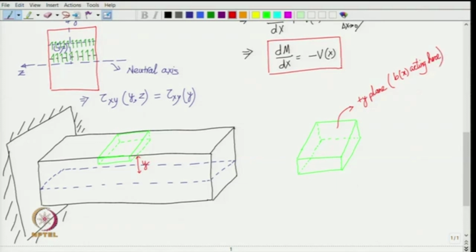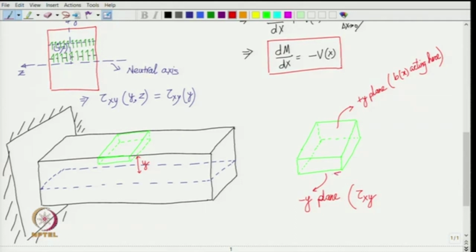Okay. The bottom plane, what can you say about the bottom plane, which is the negative y plane? So, on the negative y plane, what would be acting there? So, we will have tau x y, is not it? Tau x y, since it is a negative y plane, will be pointing in the negative x direction.